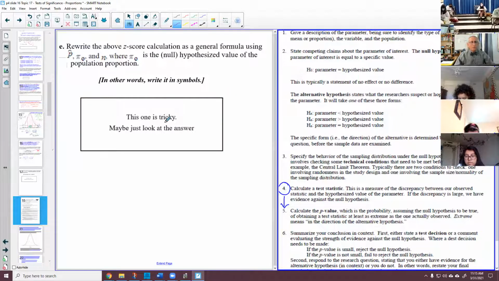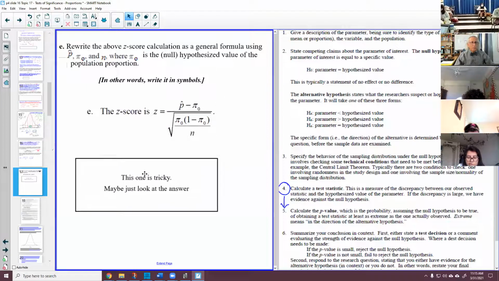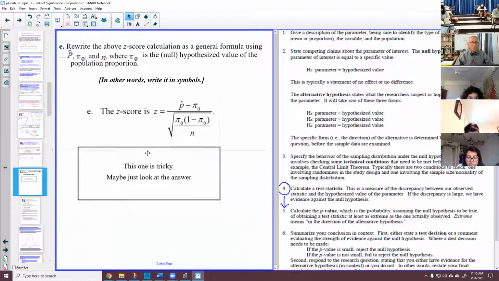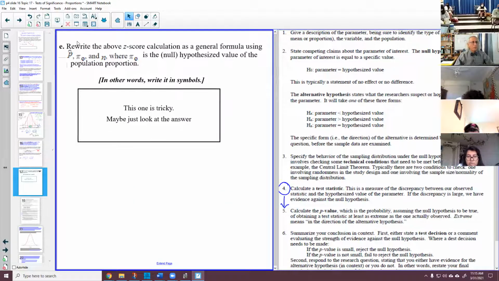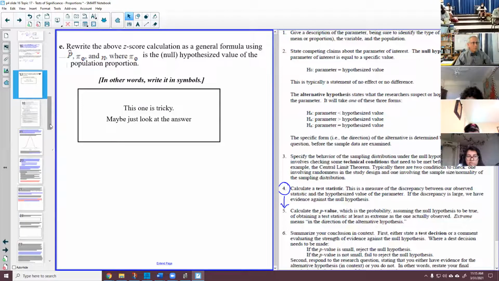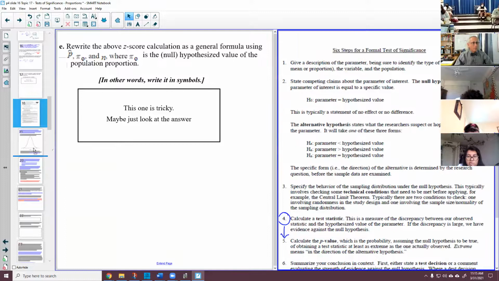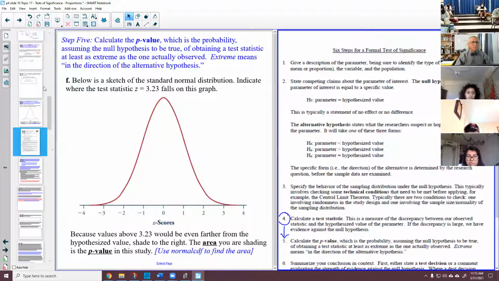All right, so first of all, let's see what they did here. They said, okay, we know the z-score. I'm not going to bother with that. So let's go down one more here. So I have to calculate the p-value.